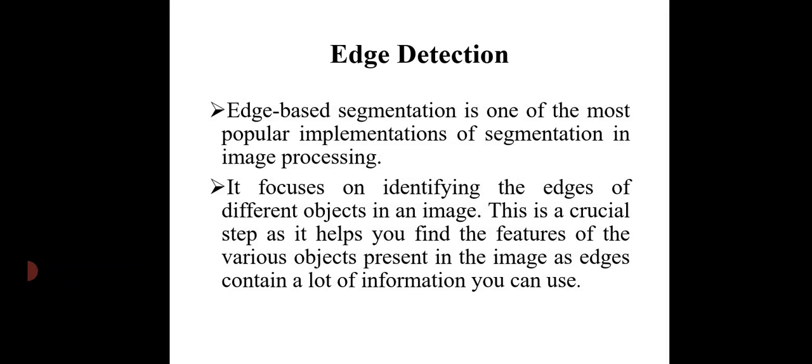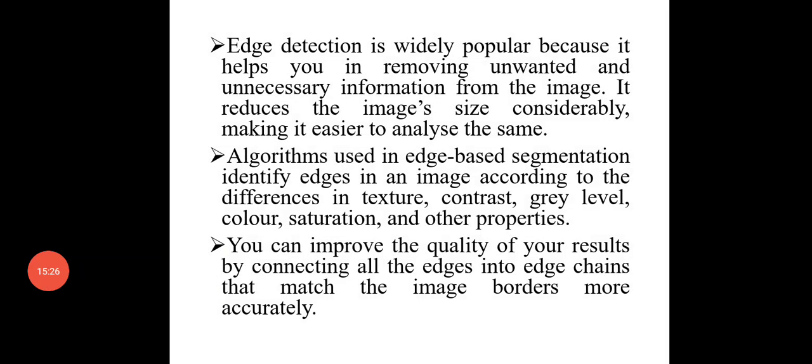This is a crucial step as it helps you to find the features of the various objects present in an image, as edges contain a lot of information you can use. Edge detection is widely popular because it helps you in removing unwanted and unnecessary information from the image. It reduces the image size considerably, making it easier to analyze.